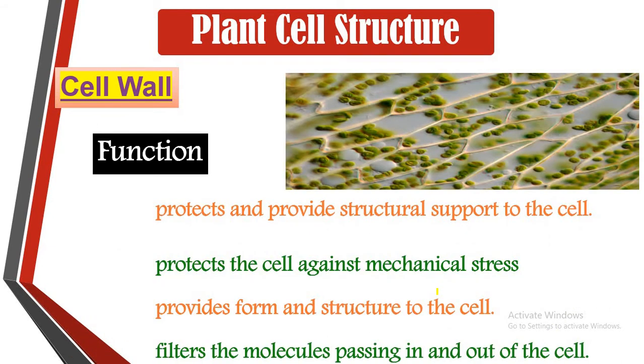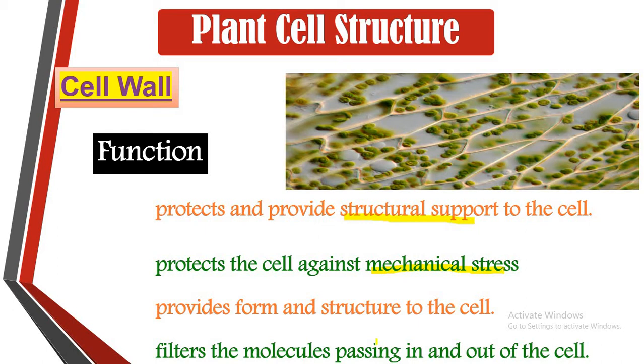So what is the function of the cell wall? The cell wall has many functions. First, it protects the cell and gives the cell its structural support. It gives the cell its shape. It also protects the cell against mechanical stress, from any outside pressure.